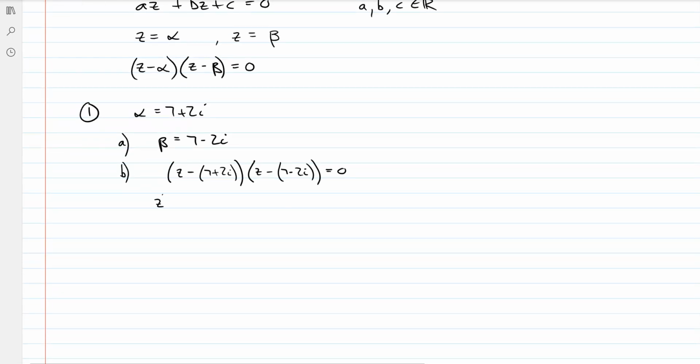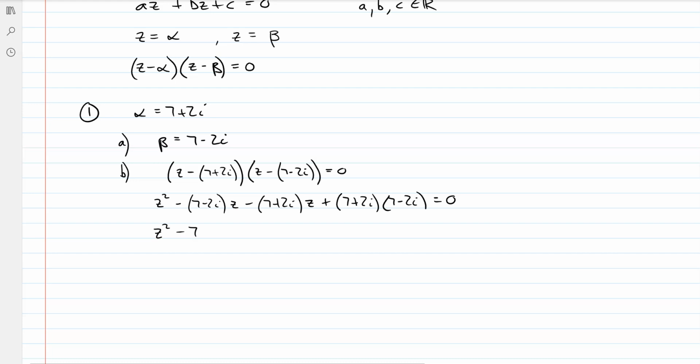So here we're going to get z times z, which is z squared. We're going to get minus 7 minus 2i z and minus 7 plus 2i z. And then you can get minus times a minus, so it'll be plus, and you're going to get 7 plus 2i, 7 minus 2i equals 0. It's by expanding these brackets. And we can expand and simplify this.